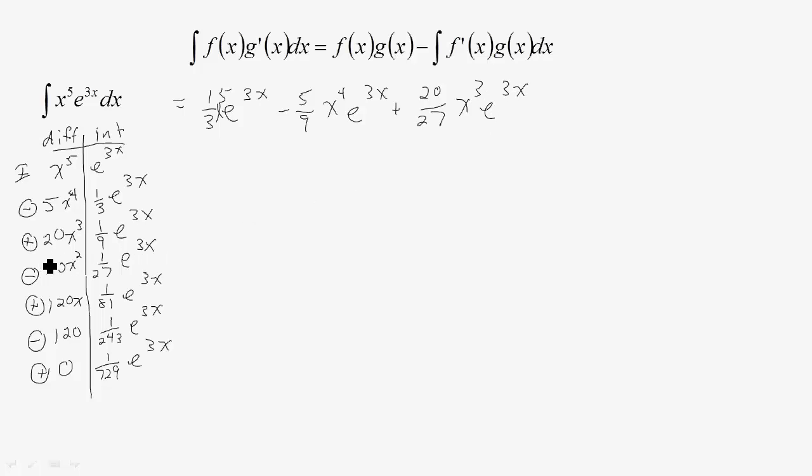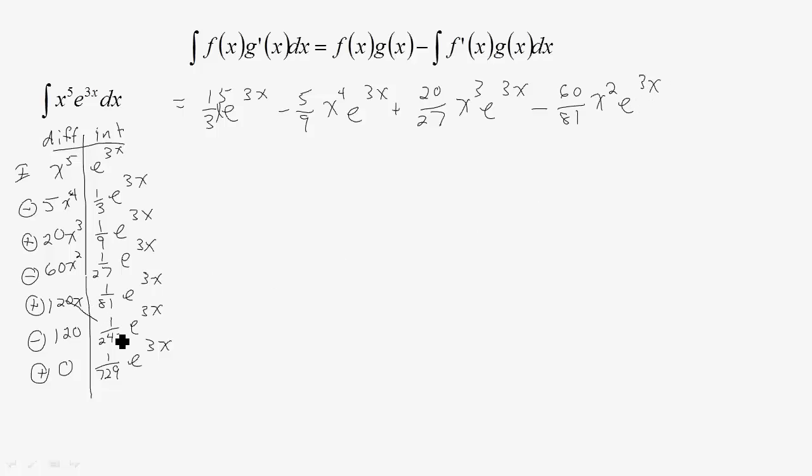Next one down is going to be minus 60/81 x squared e to the 3x.